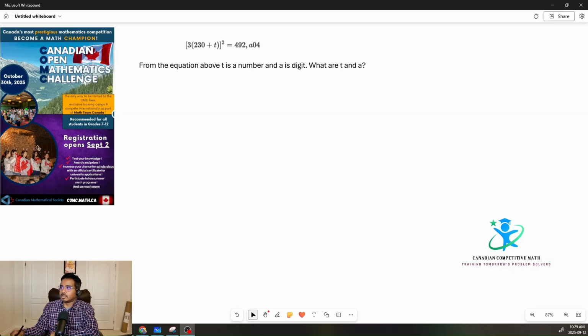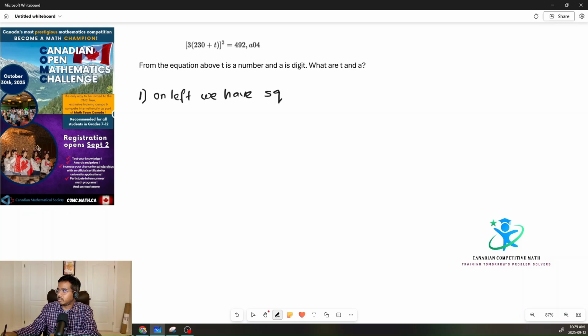Okay, I presume that you tried to solve this on your own and you have a solution by now. I'll explain all the concepts and solve the problem here. What do we have? On the left, we have a square, the square of a number.